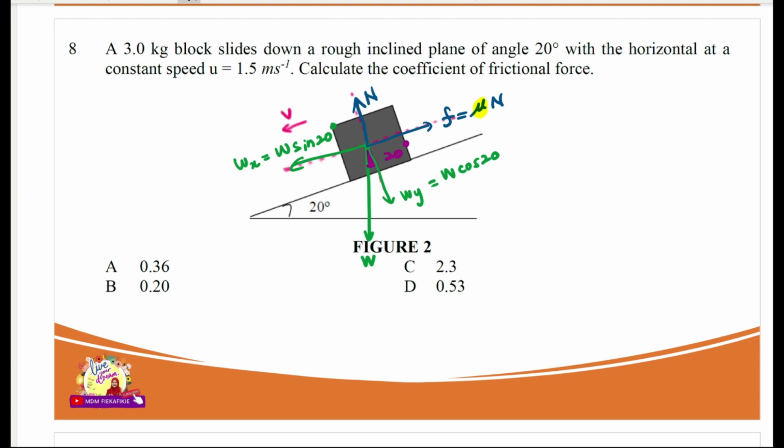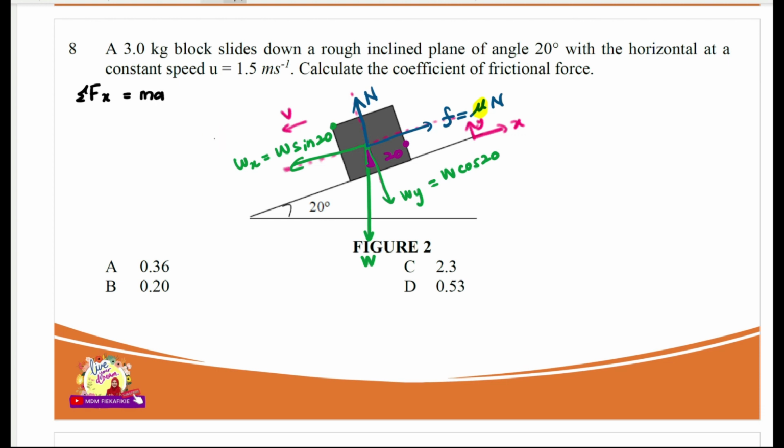So now we want to find frictional force, okay, and always remember, tengok pada pergerakan objek adalah pada x component. So ini adalah x, so ini adalah y. Okay, since the object is moving to the left, okay, in this direction, so kita terus tulislah total Fx equal to MA.